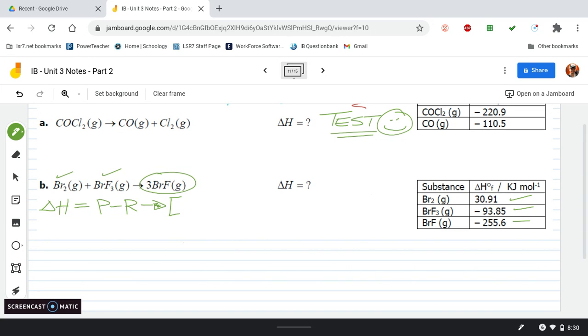So I'm going to do 3 times negative 255.6 minus, we had the 1 times 30.91 plus 1 times negative 93.85. There we go. Fit it in there now.